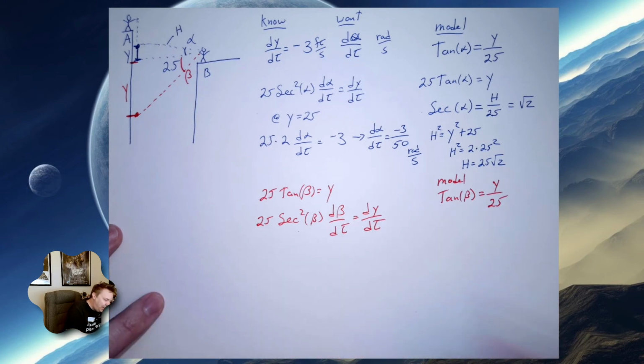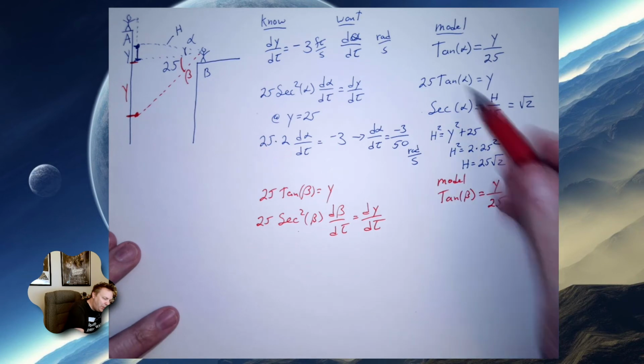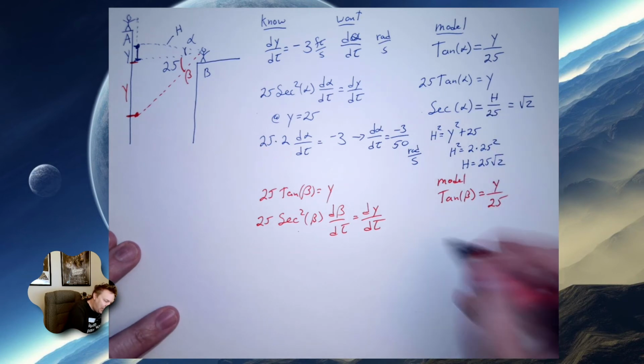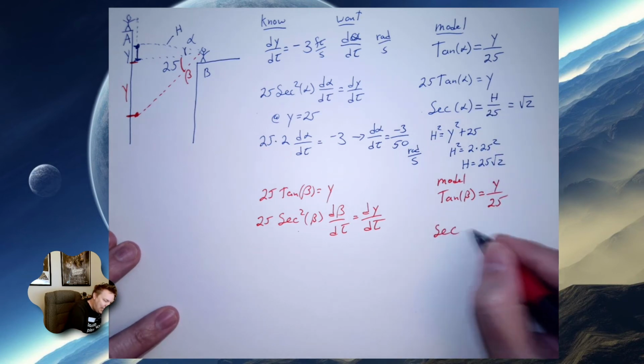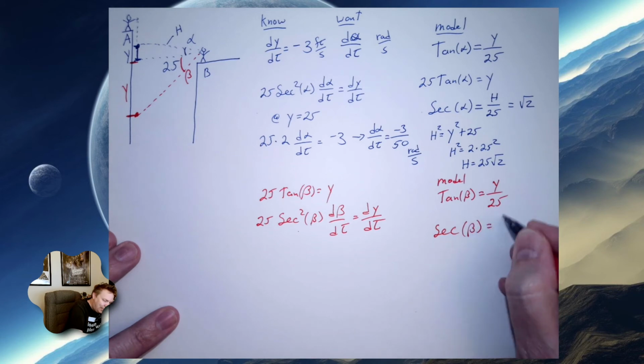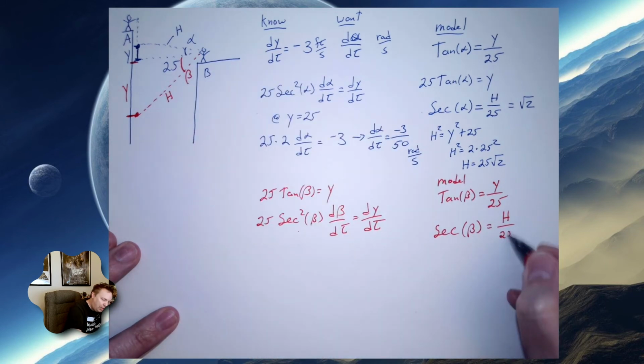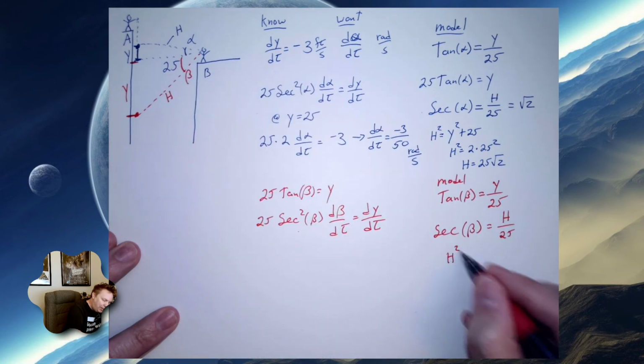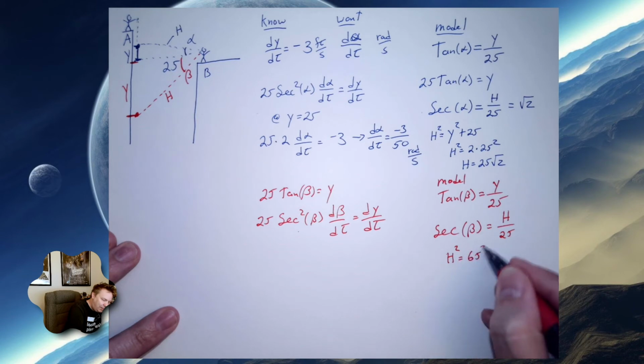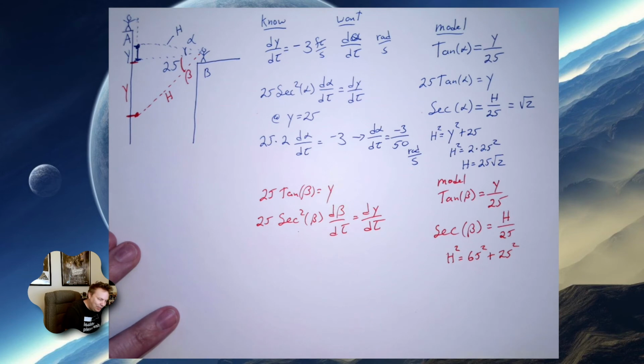Again, I need to figure out secant squared, but if I go through the same thing here, I'm going to wind up getting secant of beta. Well, that's equal to, I'm going to call it h again, I'll call this h over here, over 25. But h squared for this case is equal to 65 squared plus 25 squared. It's a little bit different than what we had before.